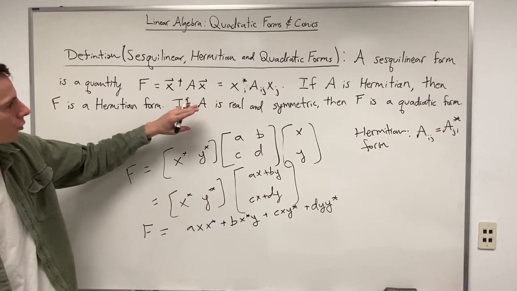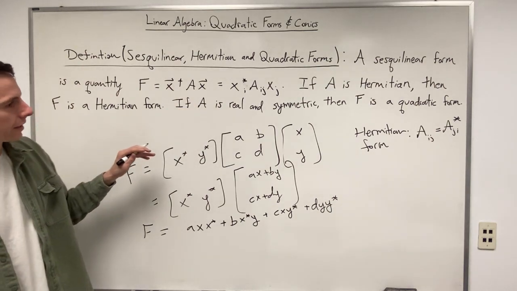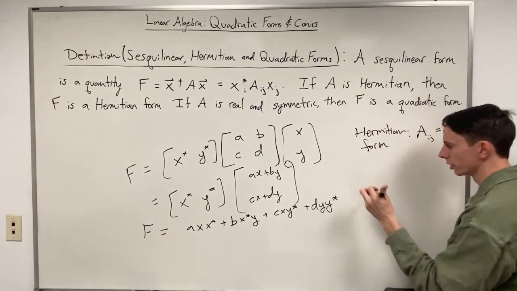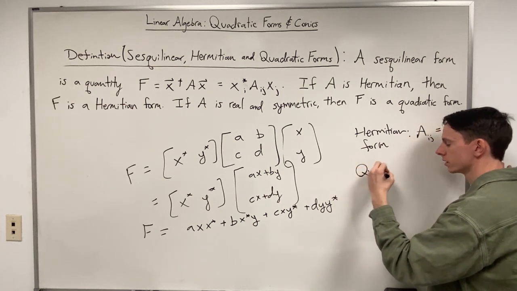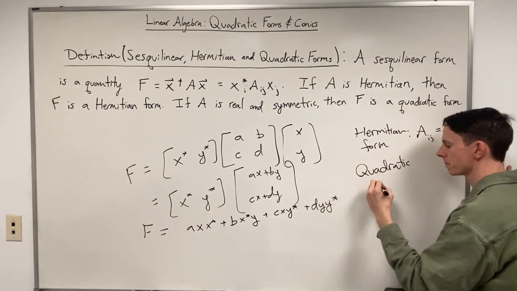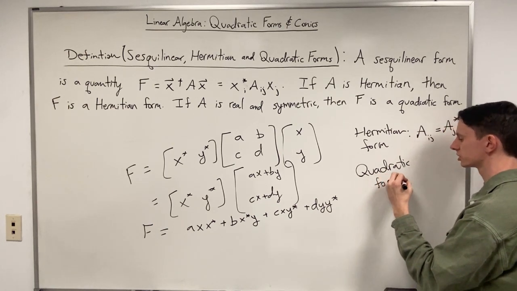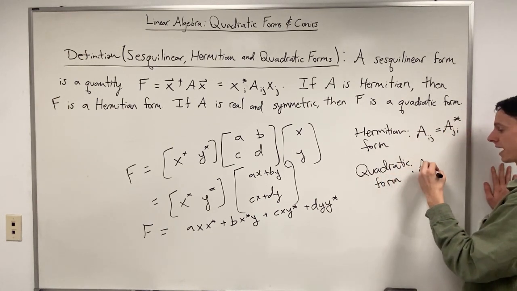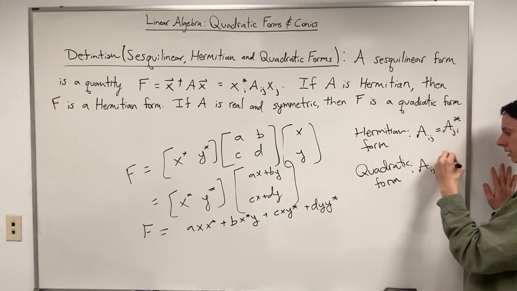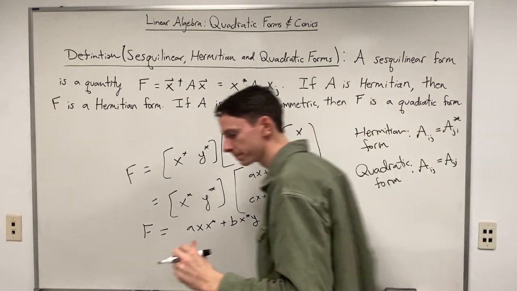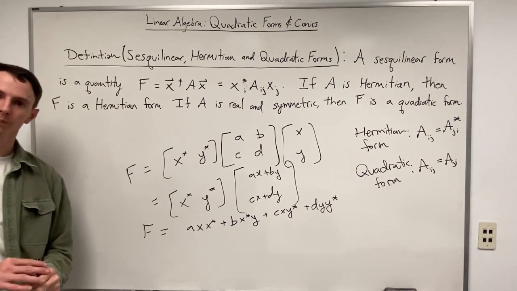Now, in the quadratic case, which I'll write just below this, in the case where we have a quadratic form, then the matrix needs to be both real and symmetric. So that means that Aij equals Aji. That takes care of the symmetric part, right?